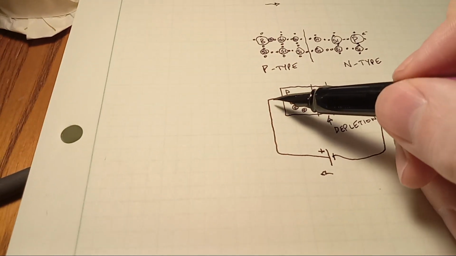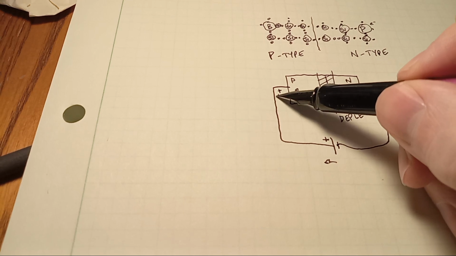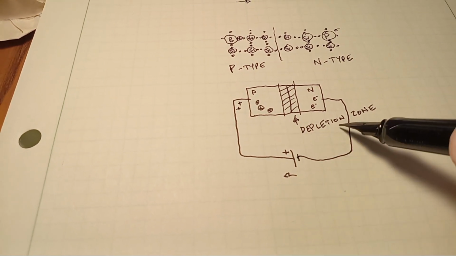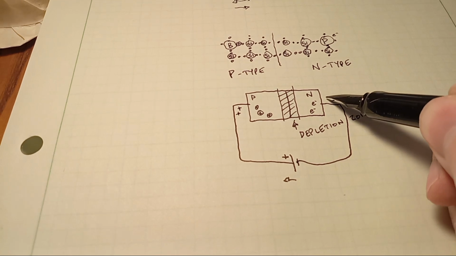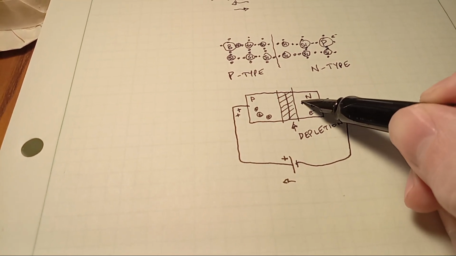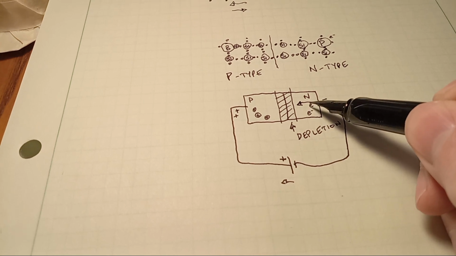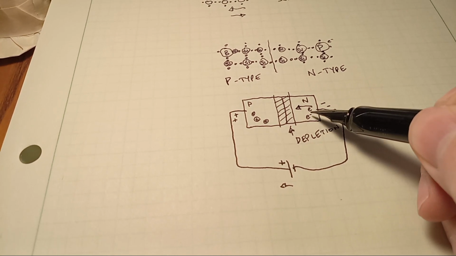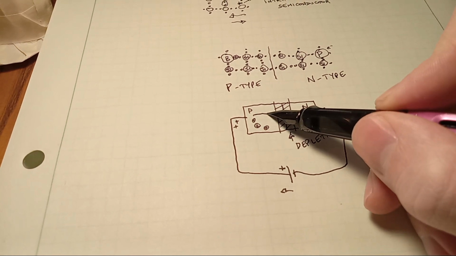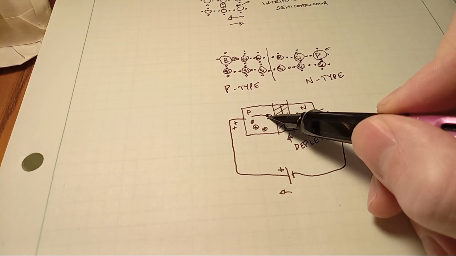So there will be a positive charge induced here because it's connected to the positive terminal. The other end is connected to the negative terminal here. Because like charges repel, the free electrons in the semiconductor matrix will be pushed this direction. Likewise, the free holes will be pushed this direction.